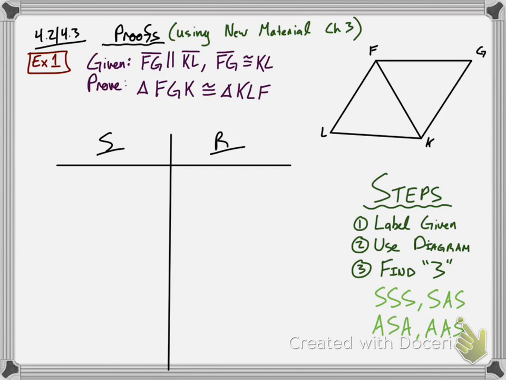So our first proof here, our given information says FG is parallel to KL, and FG is also congruent to KL. So we're going to write that in our first statement.